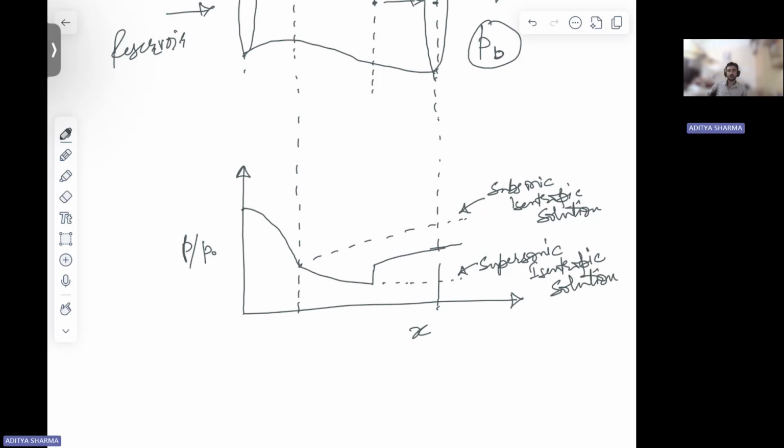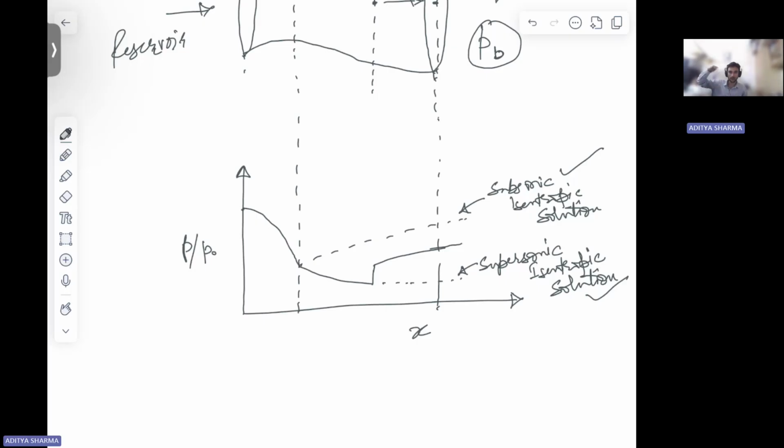So now we have seen the isentropic supersonic solution, right? Now we know about the subsonic isentropic solution also. And there are back pressures related to these two cases. First is the supersonic isentropic solution, then the subsonic isentropic solution.